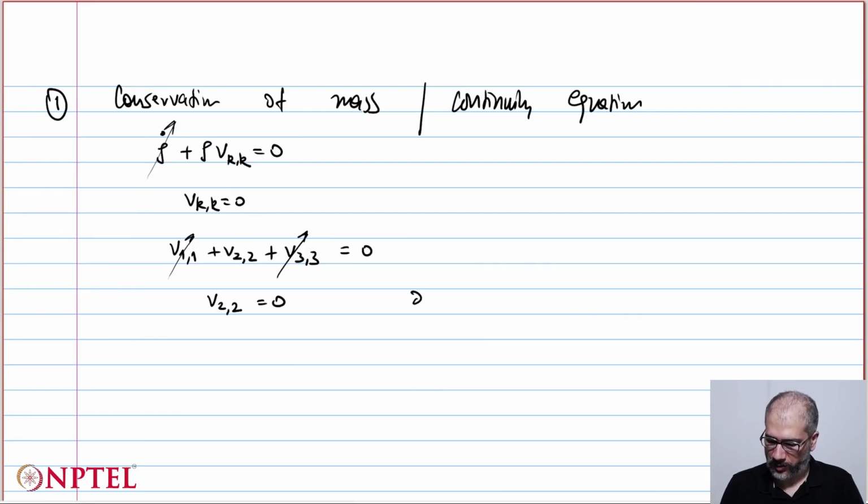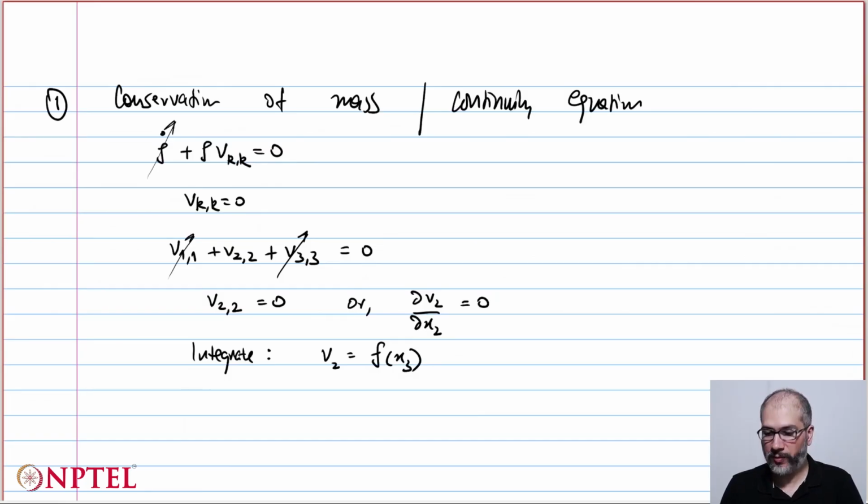So I can write this as del V2 by del small x2 is 0, which when integrated gives that V2 is some function purely of x3, because if V2 was a function of x2, then del V2 by del x2 could not be 0.